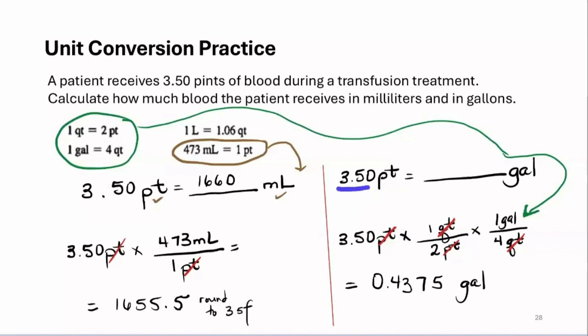This has 3 sig figs, so I'm going to take this number and round it to 3 significant figures. So my final answer for this problem is going to be 0.438 gallons. Is what's present specifically in 3.50 pints.